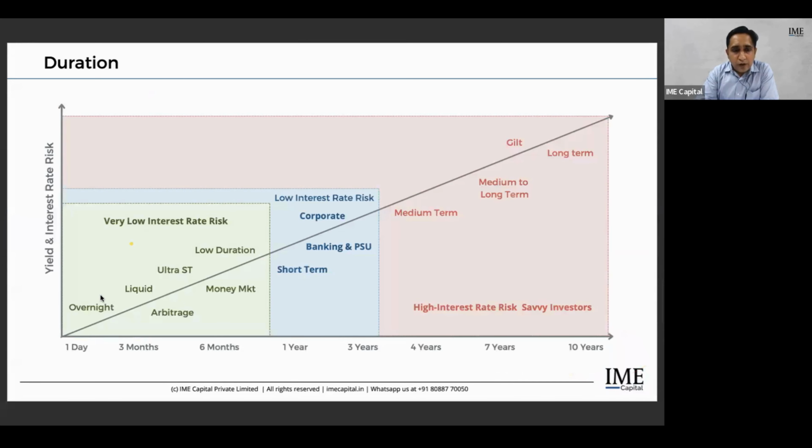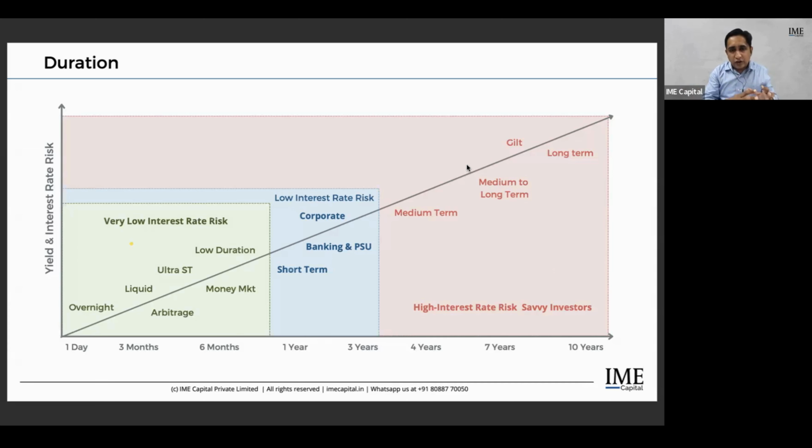You have lower risk debt funds, which are either lower duration and funds that invest in papers of more creditworthy borrowers, or you have higher risk debt investments. These are either much longer in terms of the duration of their holdings, making them a lot more sensitive to interest rate fluctuations, or they are lending to riskier borrowers.